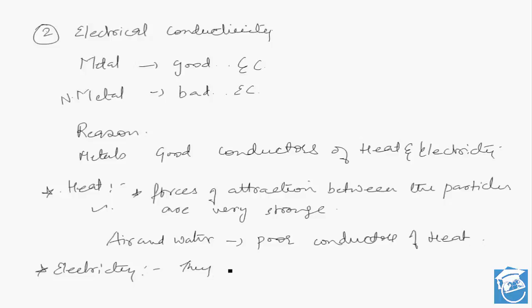So they have free valence electrons which actually act as charge carriers in the metallic structure, which allows the electric current to flow through the metal objects. So these are the two basic reasons why we call metals good conductors of heat and electricity.